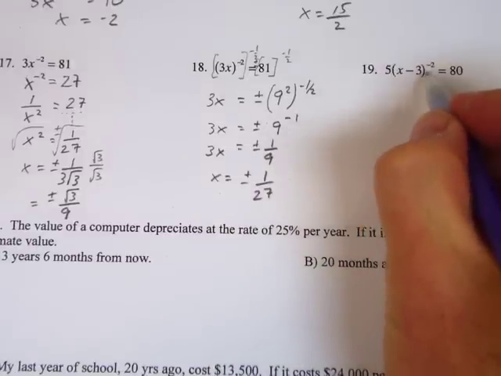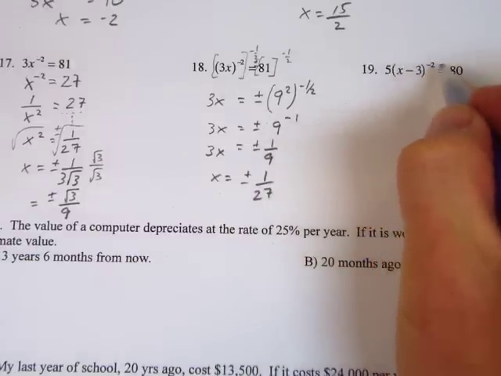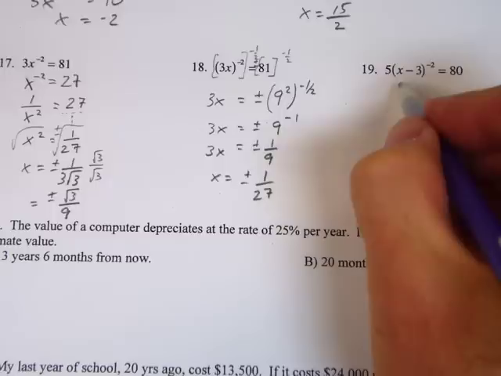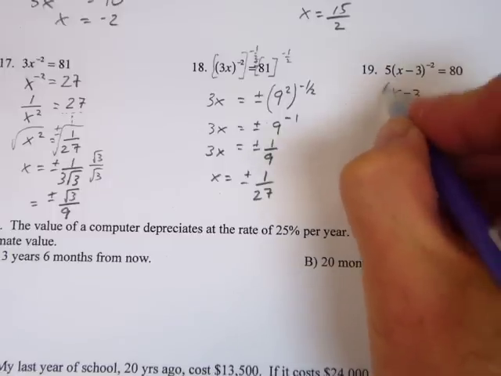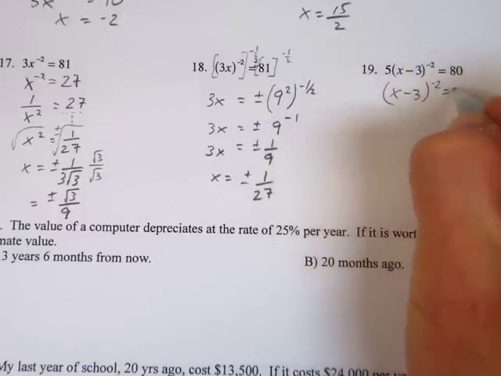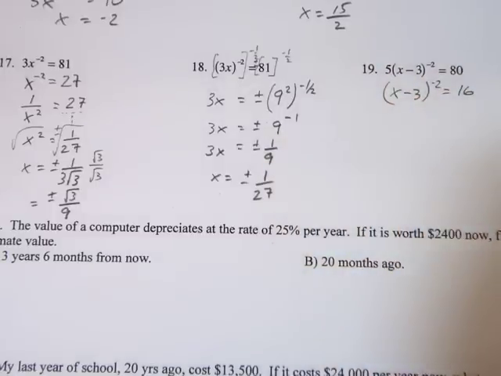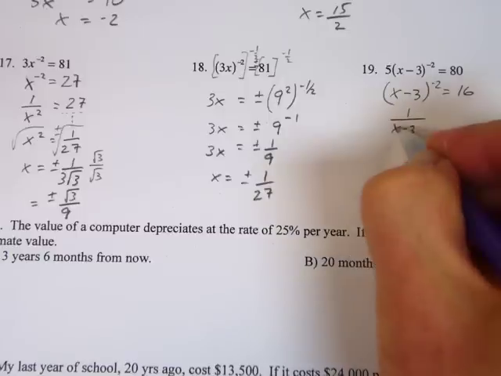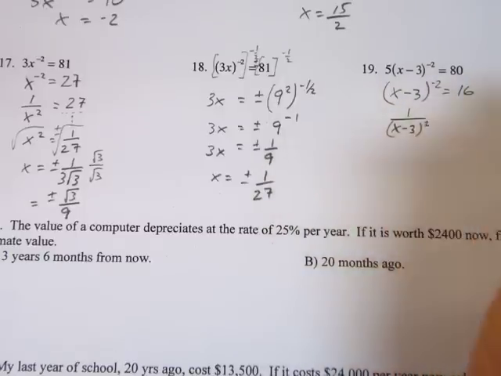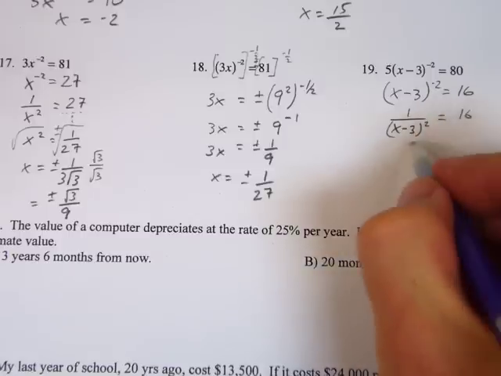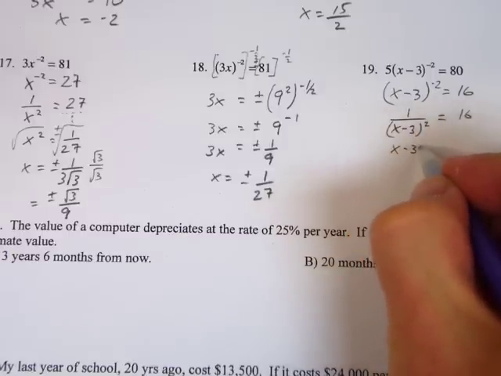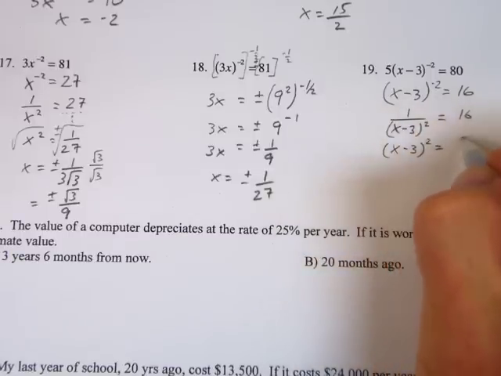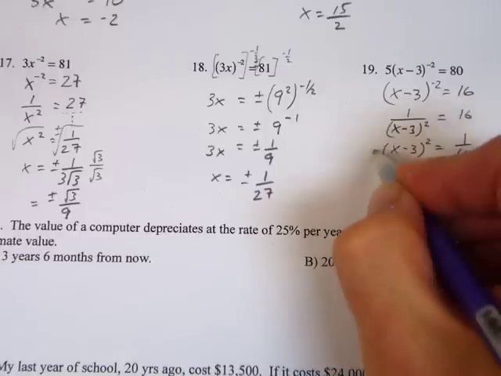This time we have a coefficient and some stuff raised to the negative 2, so I'm going to get rid of the coefficient first. So I have x minus 3 to the negative 2 equals 16. If I did it as the first method, it'd be 1 over the quantity x minus 3 squared equals 16. So again, if two fractions are equal, their reciprocals are equal. So x minus 3 squared equals 1 over 16.